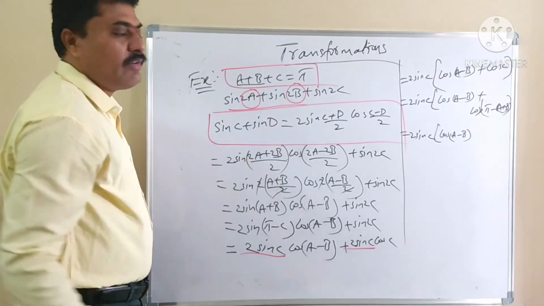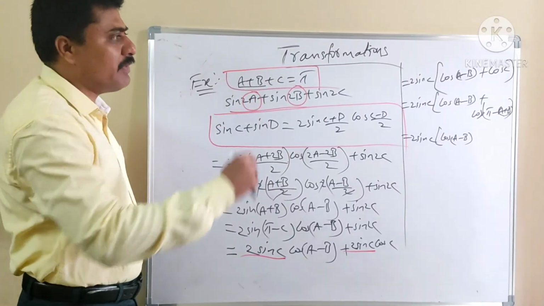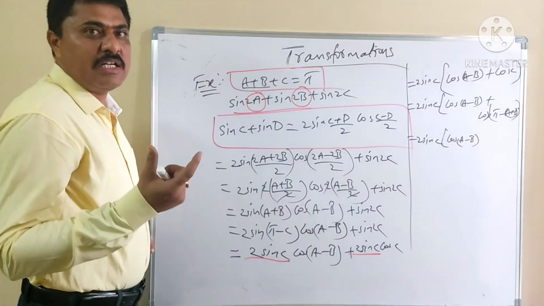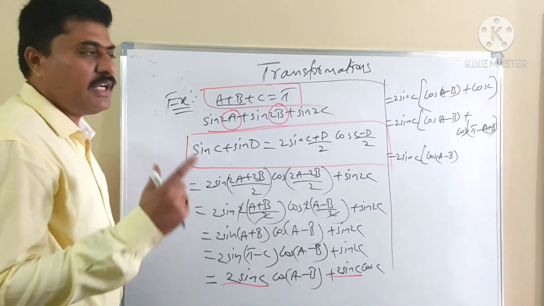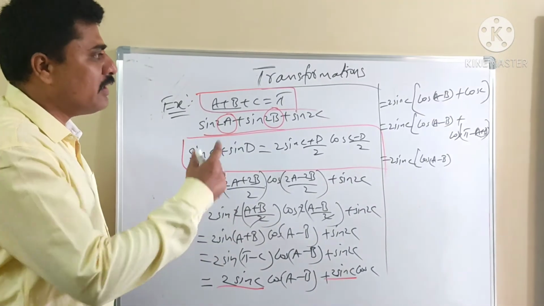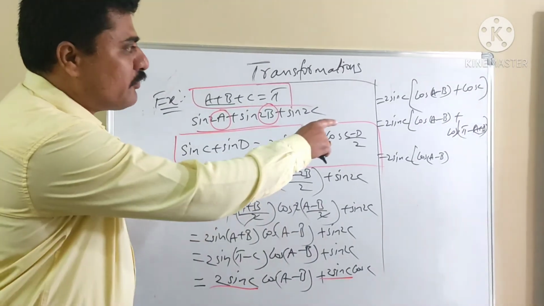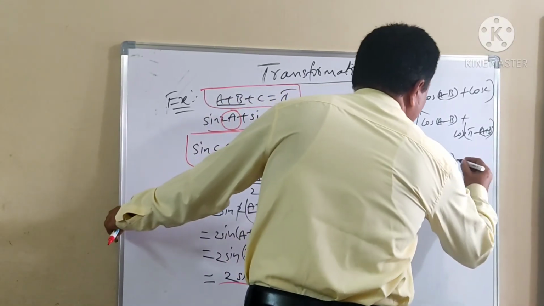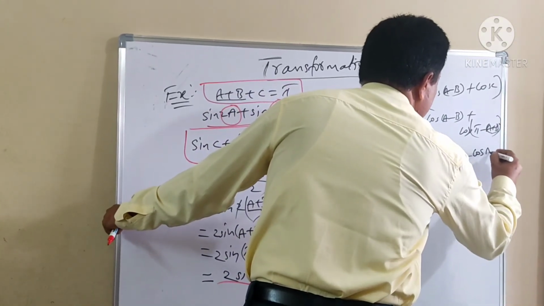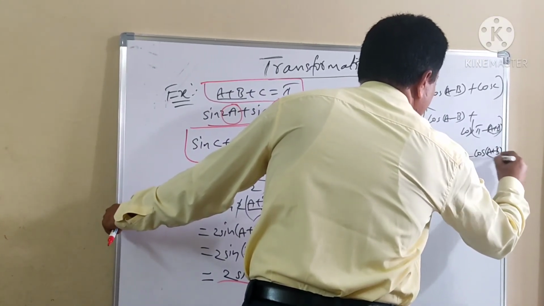So cos 180 minus theta comes in the second quadrant. In the second quadrant, only sin and cosec are positive, the remaining are negative. Cos falls under the second quadrant, so it gives minus. So our formula is minus of cos theta, that is cos A plus B.